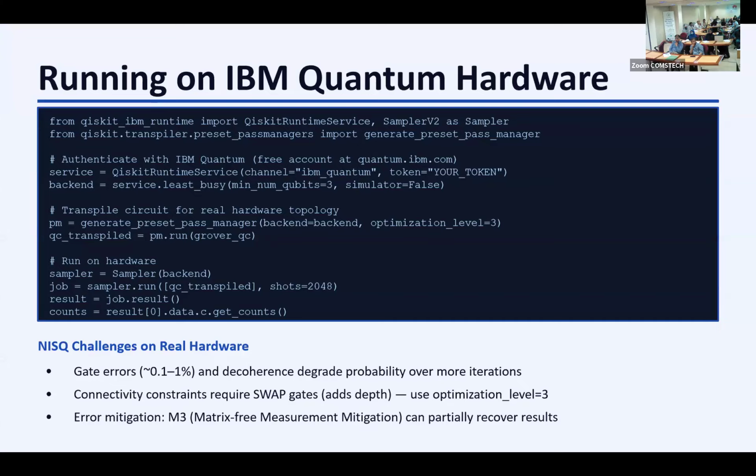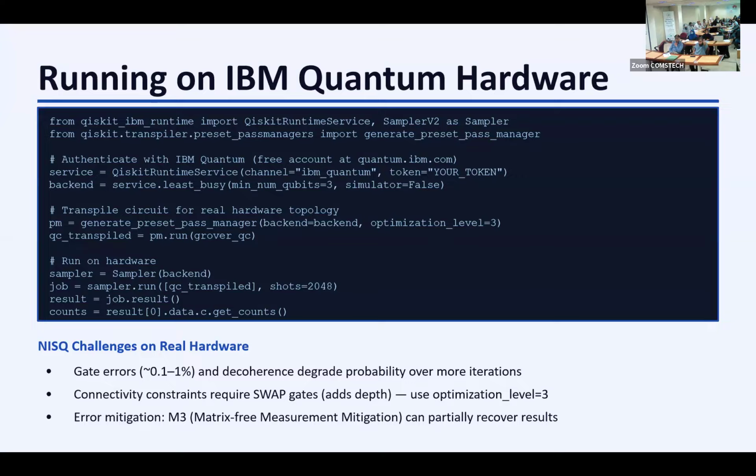Now you can run the same codes on IBM Cloud computing as well. But for problems which have a very small number of qubits, the AER simulator, which we usually use and have used on our computer right now, is enough.